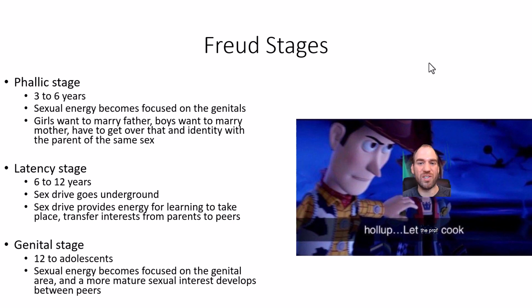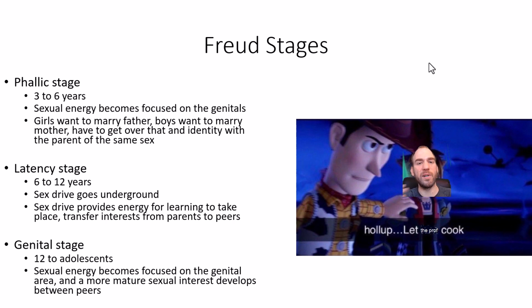So it's a gender identification process. And then there's moving from parental relationships to peer relationships. Basically, all these developmental tasks that occur from birth to adolescence reflect that sexual energy being abstractly moved around the body.